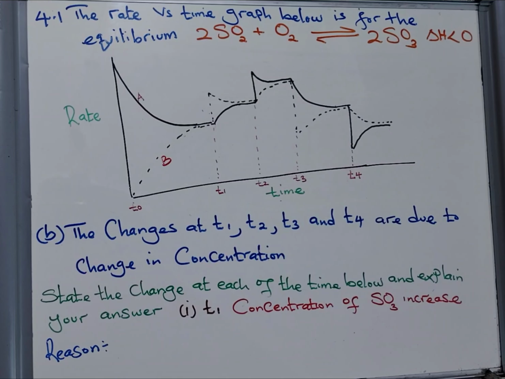Okay. So these two come down to what? First of all, rate increase means that either one of the components is going to increase. But this second one, forward is favored. It implies that whatever you are increasing has to be a reactant. So the answer is going to be increase in concentration of sulfur dioxide or increase in concentration of oxygen.